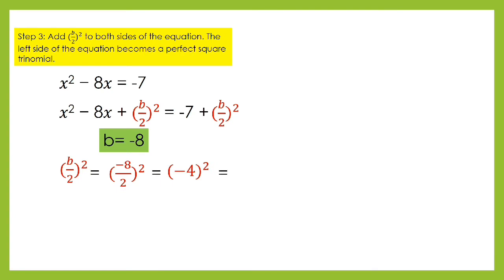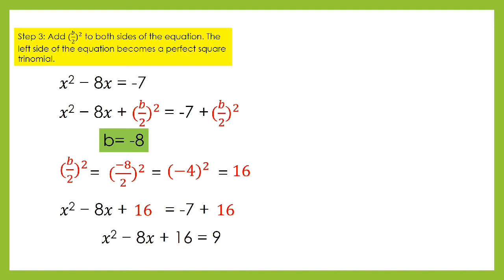So, si 16 ang i-add natin both sides of the equation. Positive 16, positive 16 sa left and right ng equation. Let's simplify. X squared minus 8x plus 16 equals 9. Saan natin nakuha si 9? Negative 7 plus 16 equals 9.